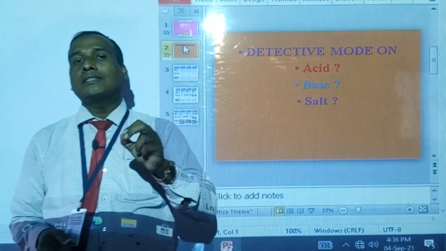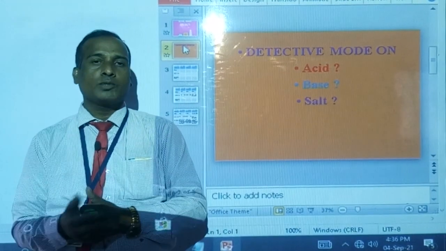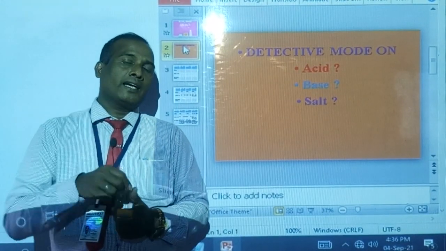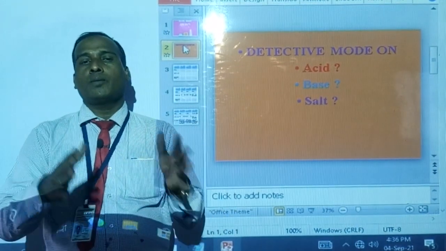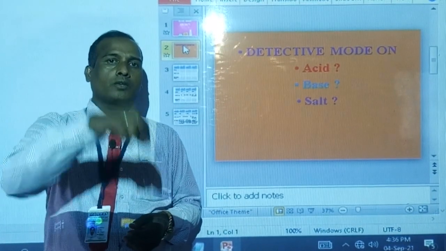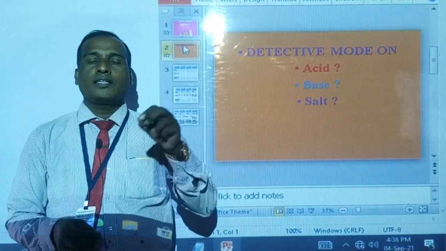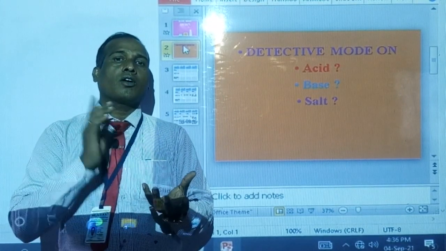First of all we will see our litmus paper, blue litmus paper and red litmus paper. When we take red litmus paper and put it inside one solution, which is an unknown solution, if it is acid, then the color won't change.